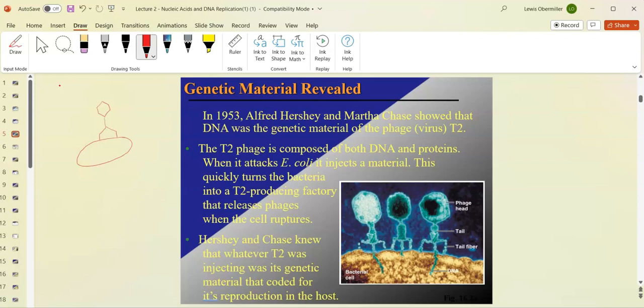And so what they did was they took these bacteriophages and they grew them up, because what's crazy about viruses is that they're real specific for the host. So you wouldn't find, say, a fungal virus in a human.